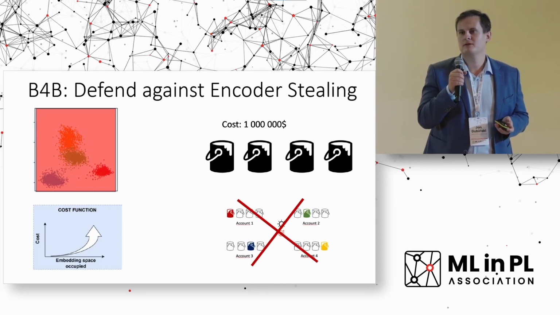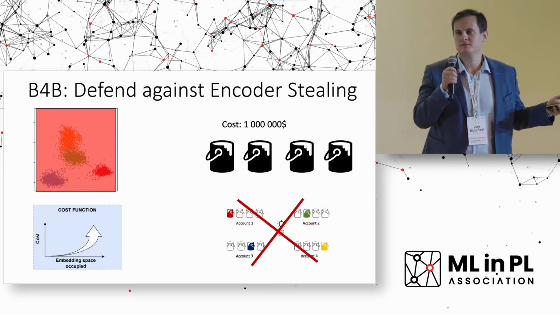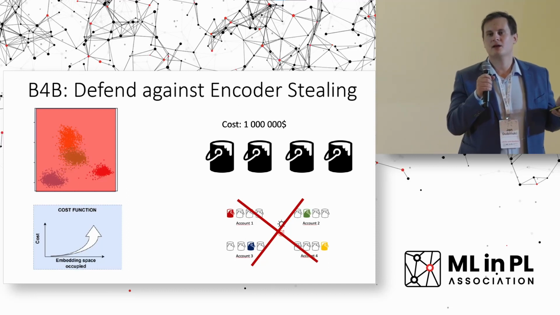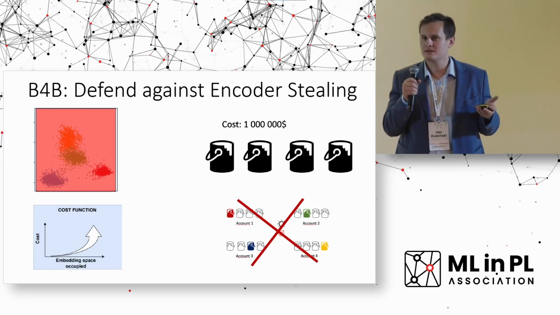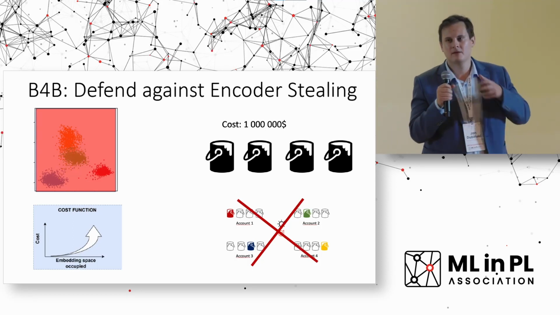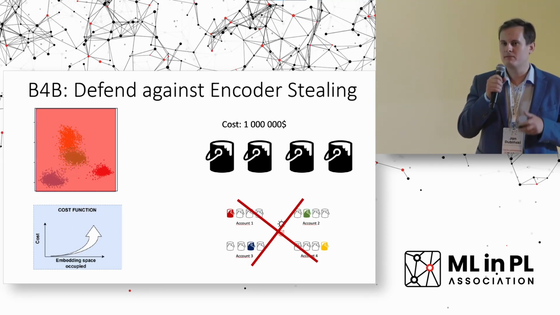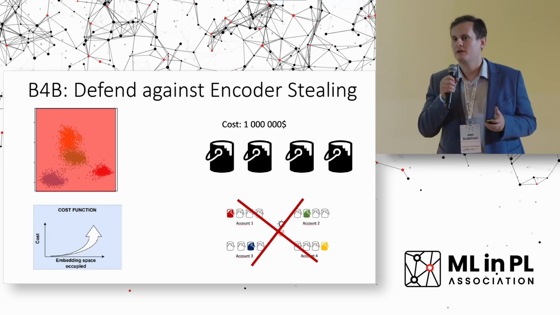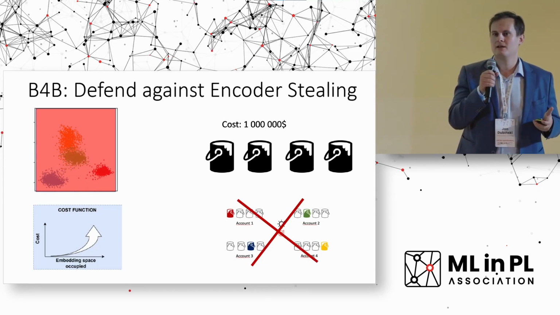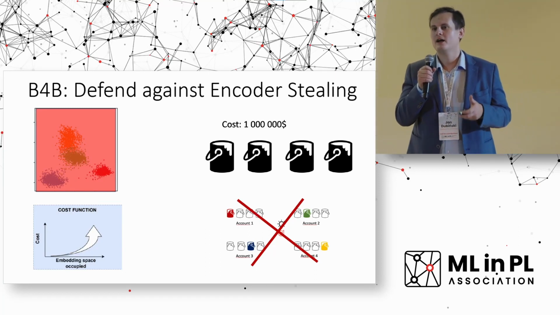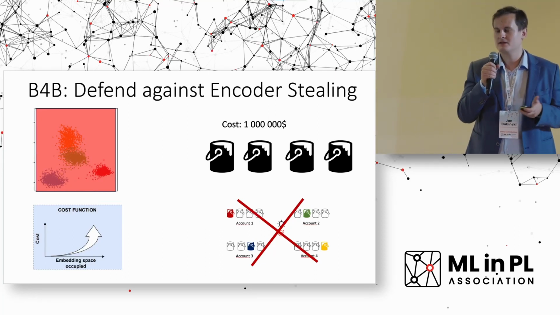And the same goes for transformations and noising. I mean, the cost does not have to be expressed through noise. You could, for example, have the user do some proof of work before returning the representations to them. And the higher the cost, the higher the work that the user has to do should be.